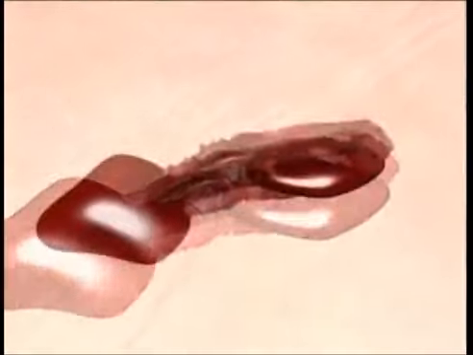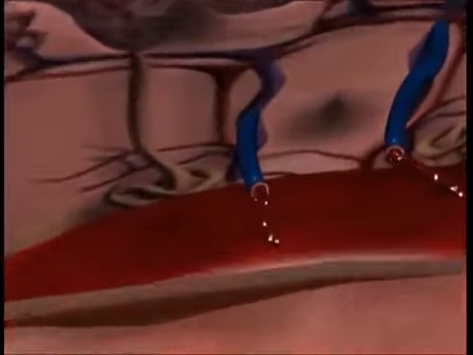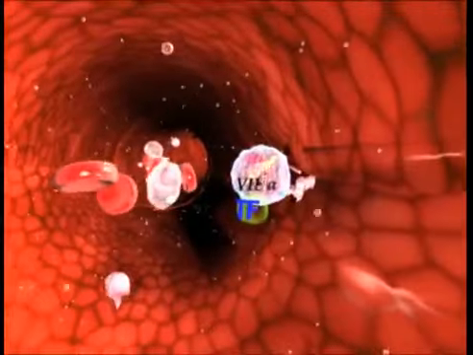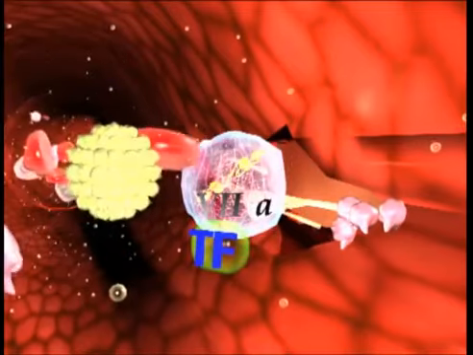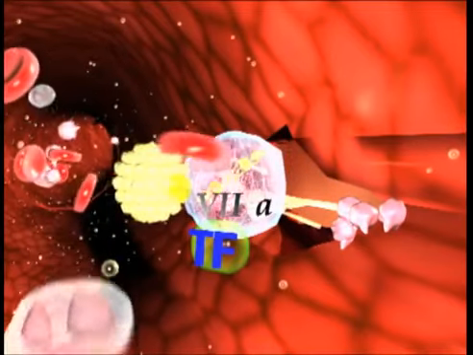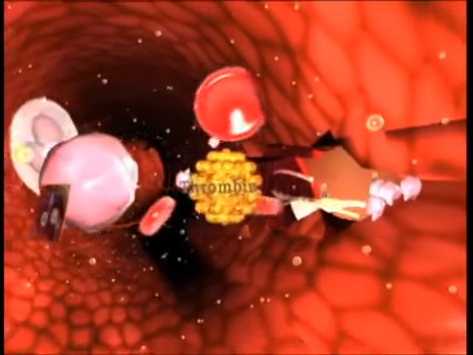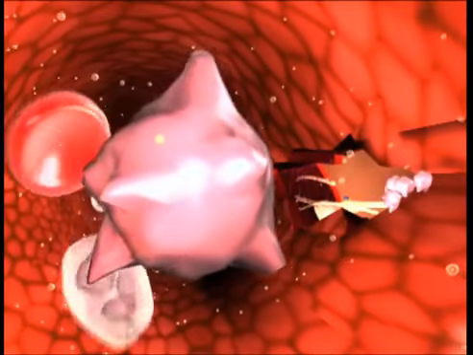Returning to our playground shortly after a simple accident, we find the drops of blood. Let us return to the tissues and the blood vessel. Our two accomplices have initiated thrombin production. As a result, platelets are activated.